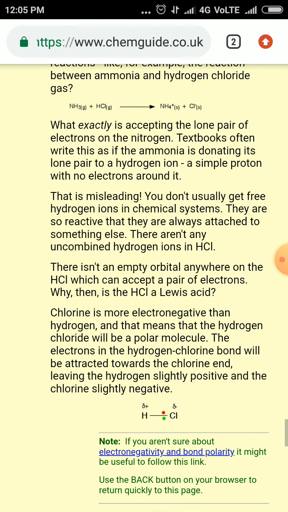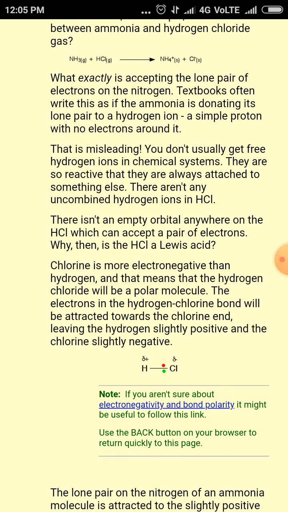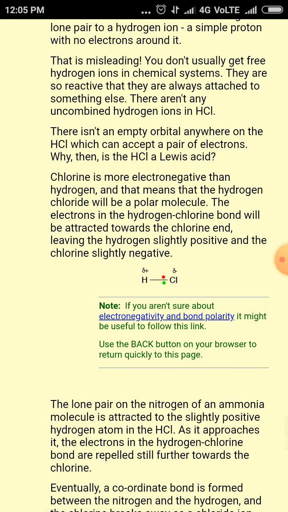Chlorine is more electronegative than hydrogen, and that means that the hydrogen chloride will be a polar molecule. The electrons in the hydrogen-chlorine bond will be attracted towards the chlorine end, leaving the hydrogen slightly positive and the chlorine slightly negative.